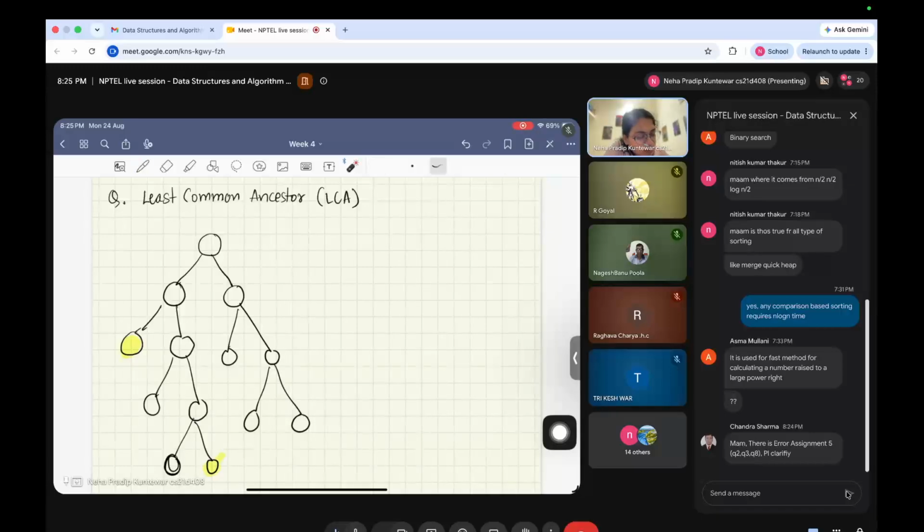This is the parent of this node, but this is the parent of this node. So everything from the root along this path is an ancestor for this node. Similarly, for this node, everything along these lines is its ancestor.